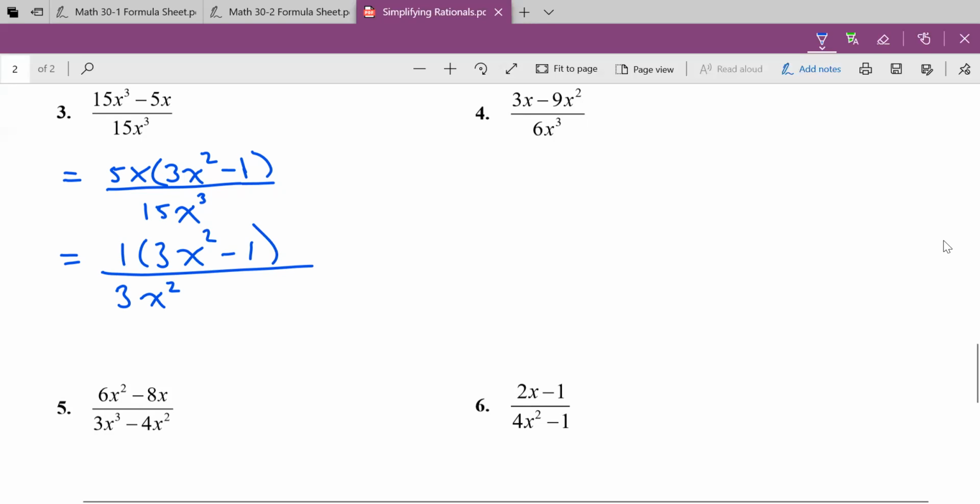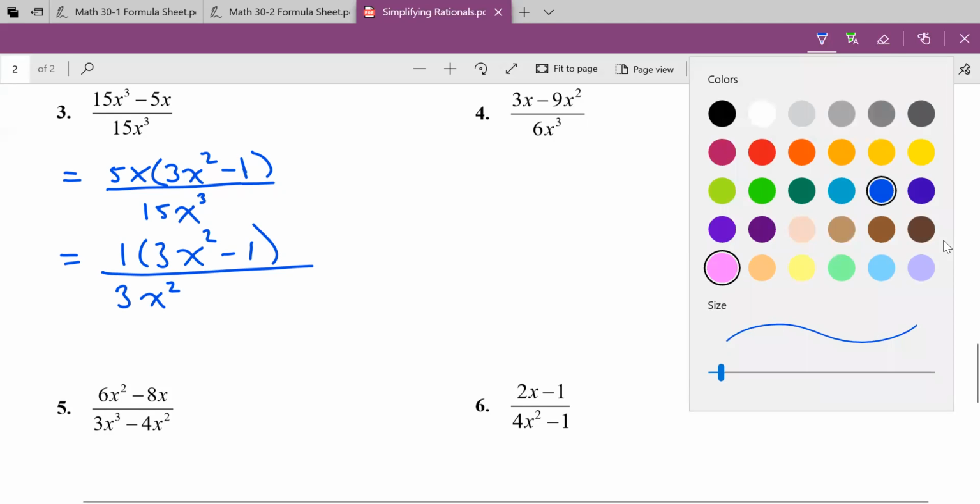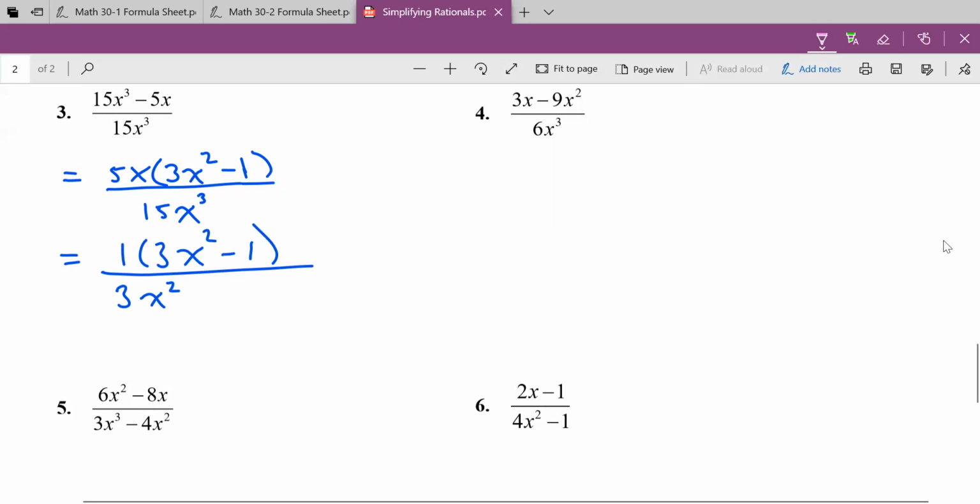Now, some people are inclined to make a really easy mistake here, and they want to go like this. They want to say, hey, 3x squared minus 3x squared. Let's divide. That's really bad, friends. You can't do that. You can only divide if what you're dividing by is a factor of everything in the numerator.